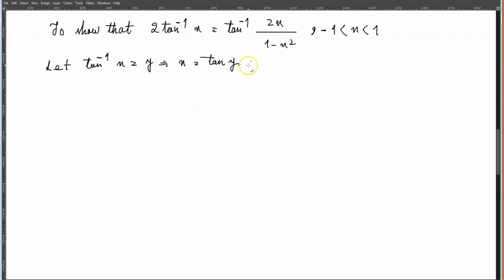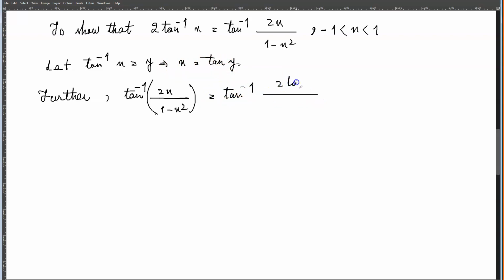Now if I further write tan inverse of 2x over 1 minus x squared, then 2x is 2 times tan y, and 1 minus x squared is 1 minus tan squared of y.